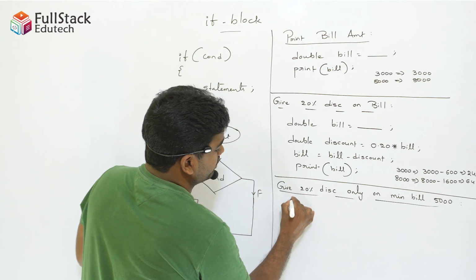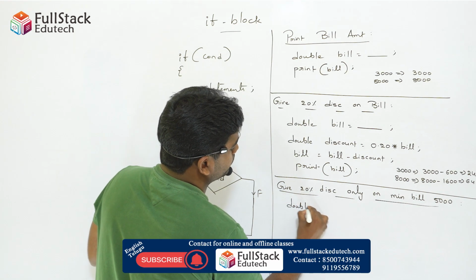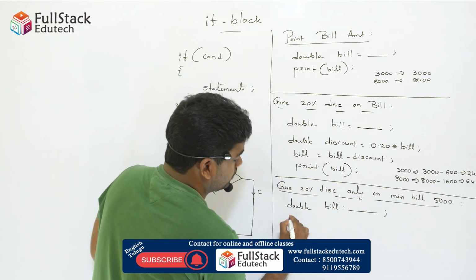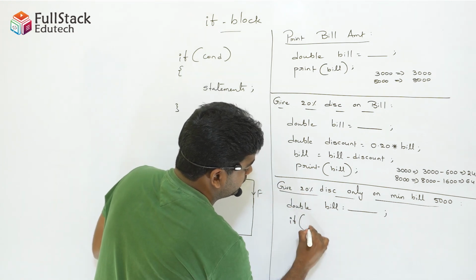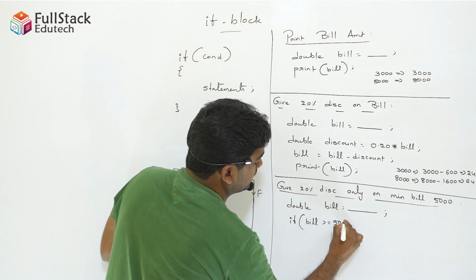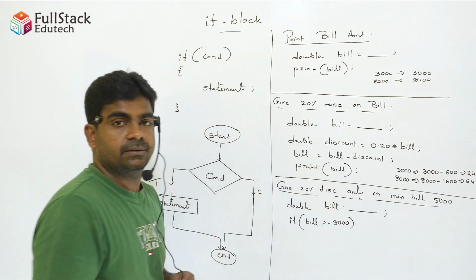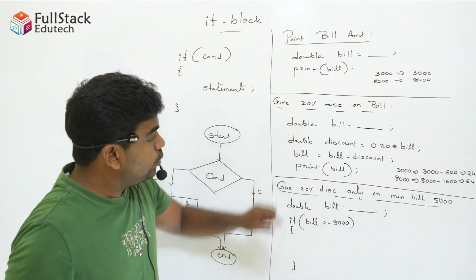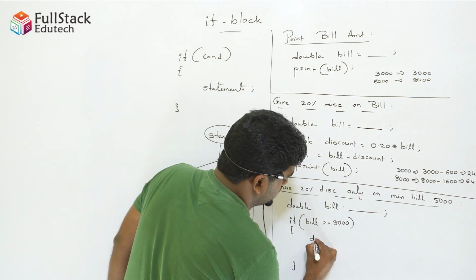Same one. We are taking that double bill amount. Here, now we are calculating the discount only if the bill amount is greater than or equal to 5,000. Minimum 5,000, then only they calculate the discount.